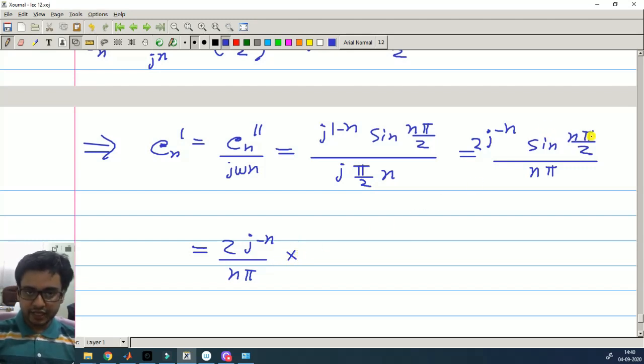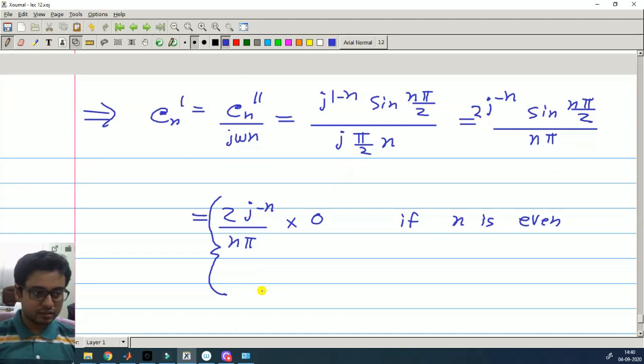multiplied with sine n pi by 2, and if n is an even number, then this sine term will be 0. If n is even, and otherwise we will have 2 j to the power minus n by n pi, and this will be sine n pi by 2.